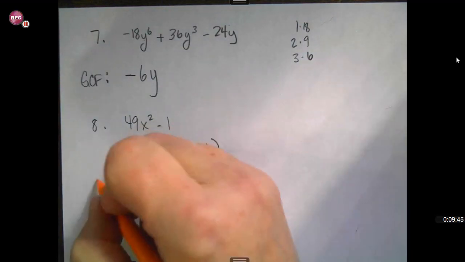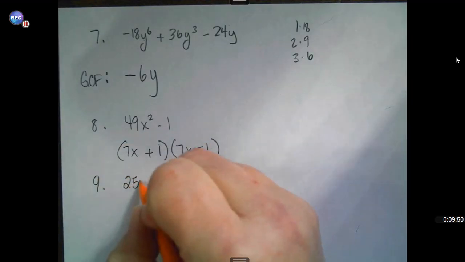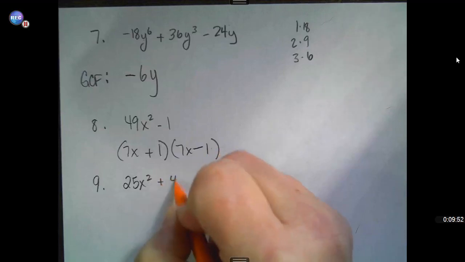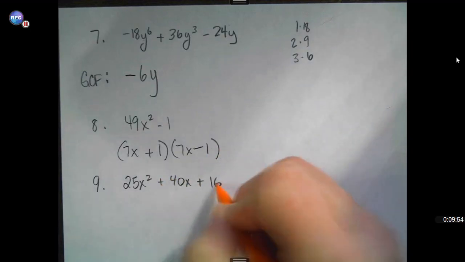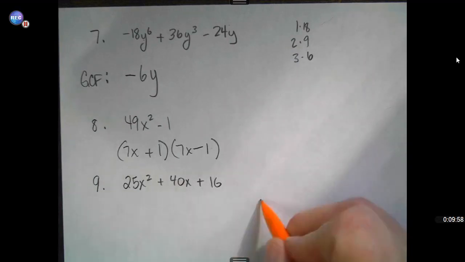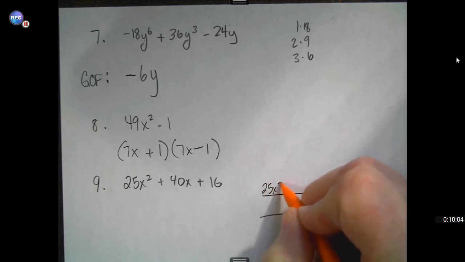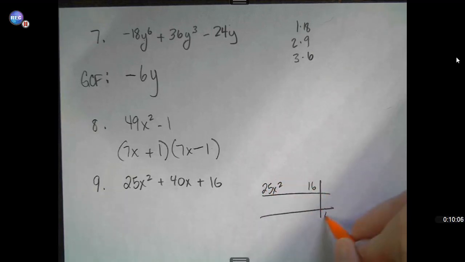Okay. Number 9, 25x squared plus 40x plus 16. And greatest common factor? Nope. So I go to my factor puzzle, 25x squared, 16.